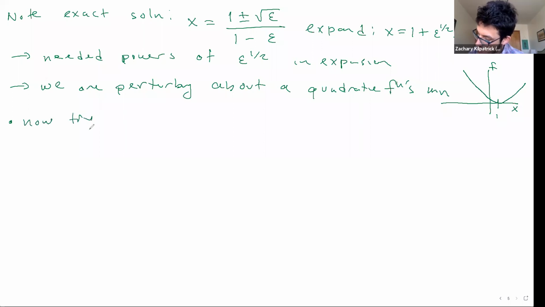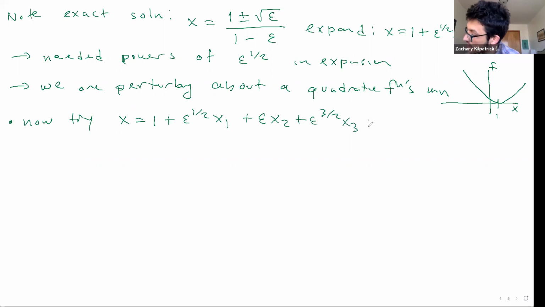So now we're going to try this expansion: x equals 1 plus epsilon to the 1/2 x1 plus epsilon x2 plus epsilon to the 3/2 x3, and so on.